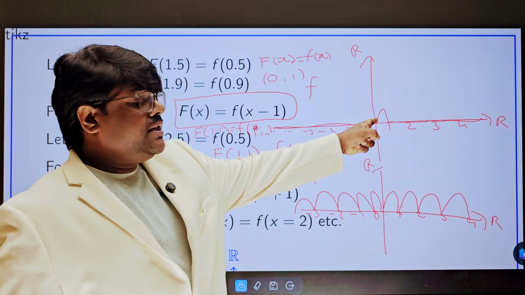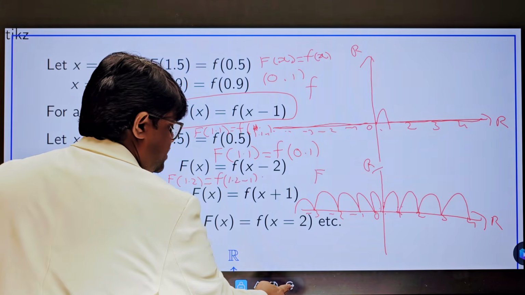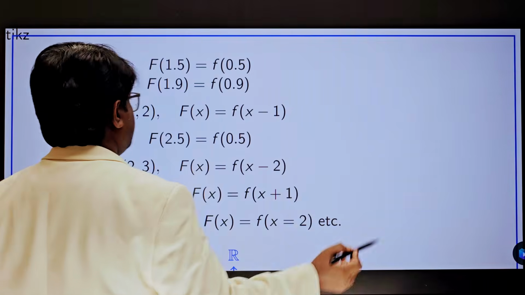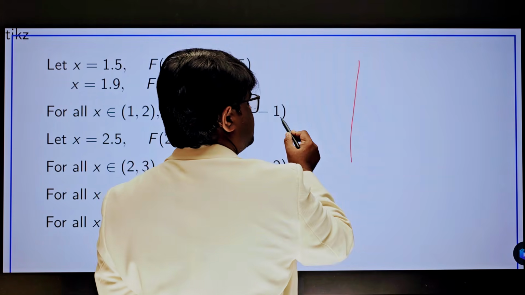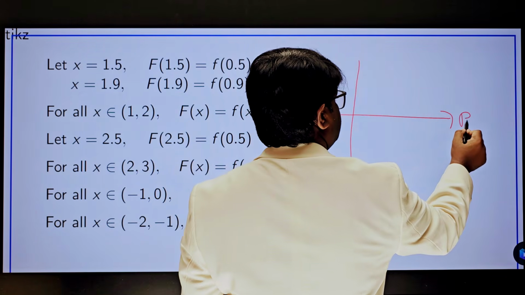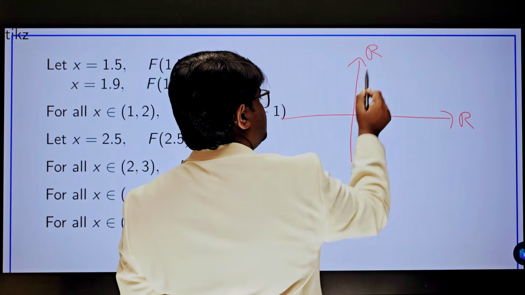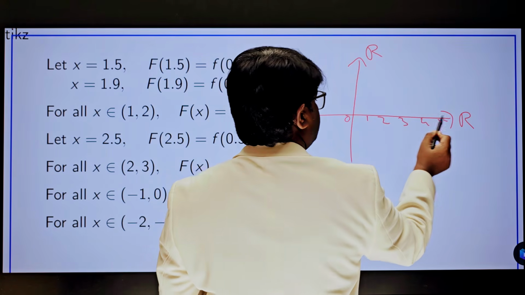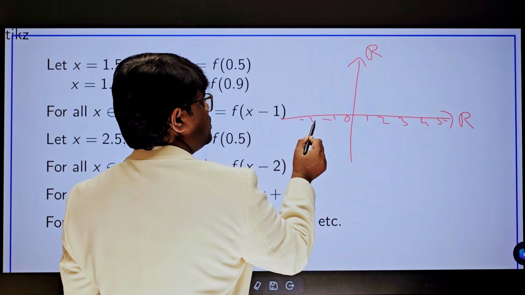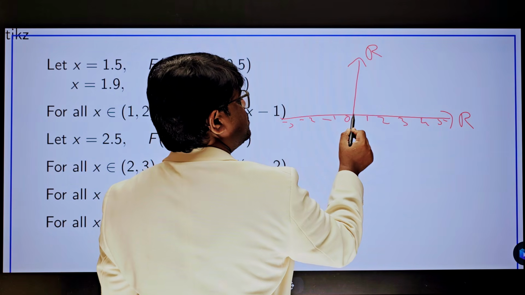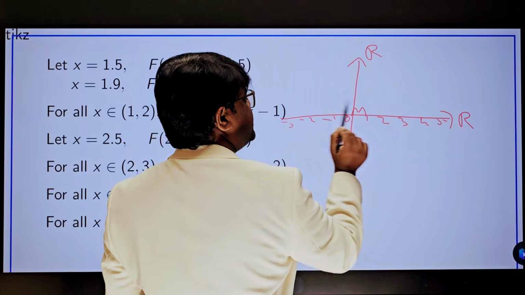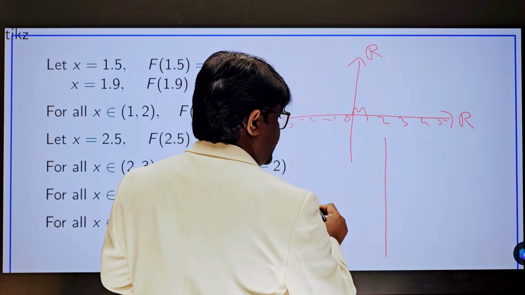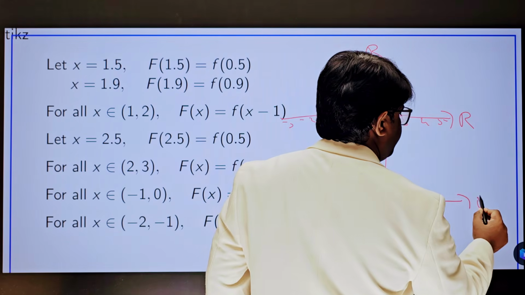If you assume the graph in this way, let us take another option. If you assume the graph in this way, then the capital F of x graph will be like this.